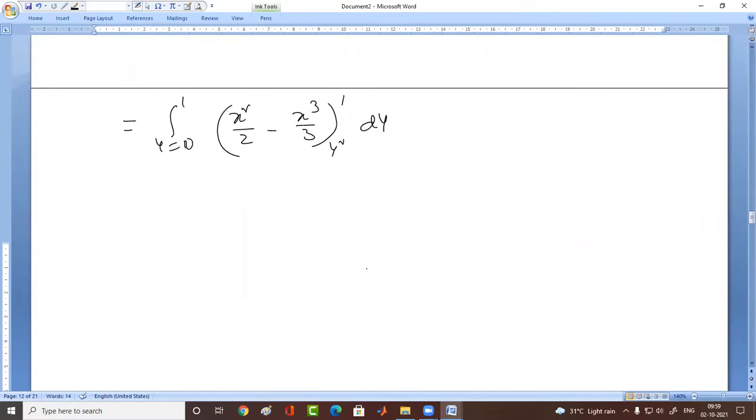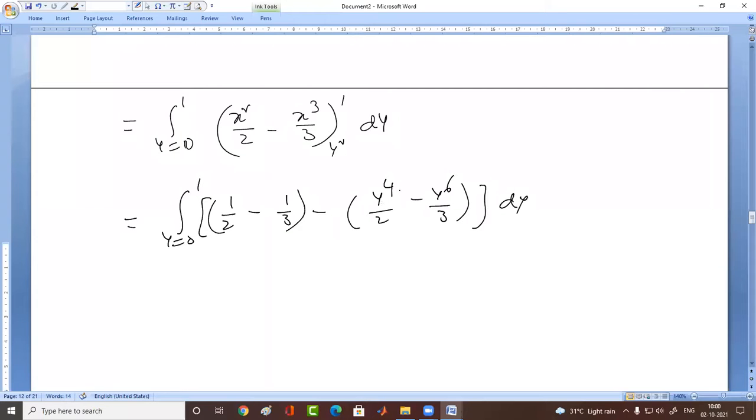Okay. Now substitute the limits. Y is 0 to 1. Put x equals 1: 1 by 2 minus 1 by 3, upper limit. Now the lower limit y square: y power 4 by 2 minus y power 6 by 3 dy.